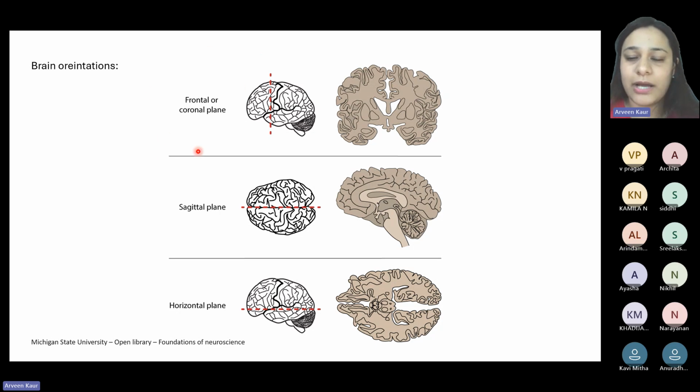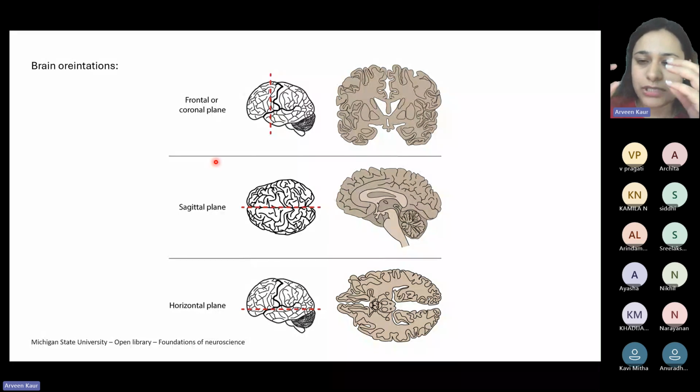This is one of the most common planes. When we study, say, dopaminergic neurons that are depleted in conditions like Parkinson's, we know that those are going to be present in the dorsal subiculum regions, so that we can look at both sides of the brain.